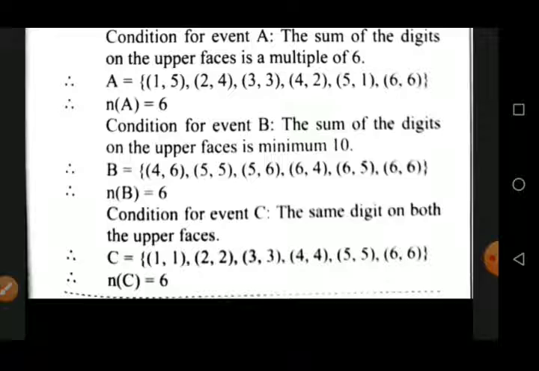C is equal to, that means on both the dice the same digit occurs: (1,1), (2,2), (3,3), (4,4), (5,5), (6,6). These are 6 sample points coming in this event. n(C) is equal to 6.